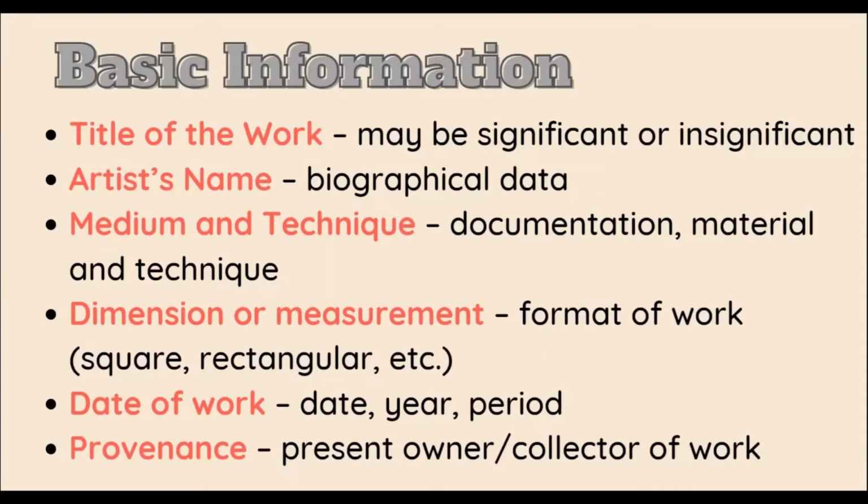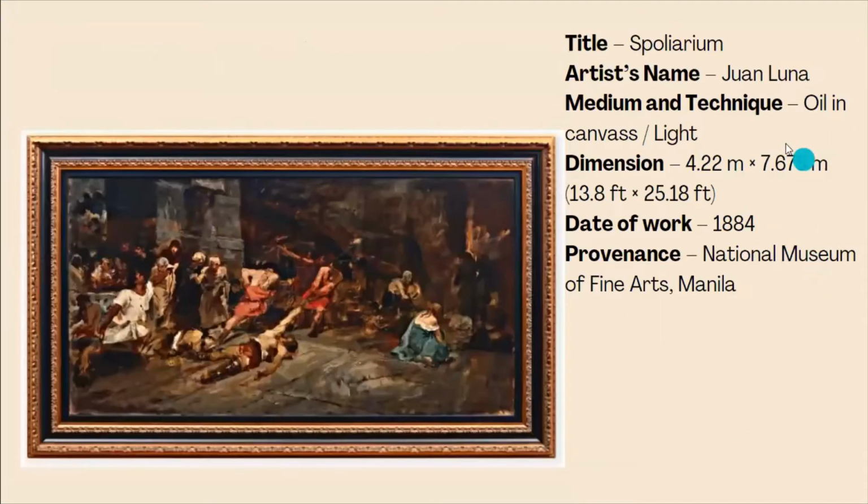So I have here some examples. This artwork is the Spoliarium, which is painted by Juan Luna. The medium and technique is oil on canvas, and most of the time the technique is not indicated, so the medium alone, oil on canvas, is enough.